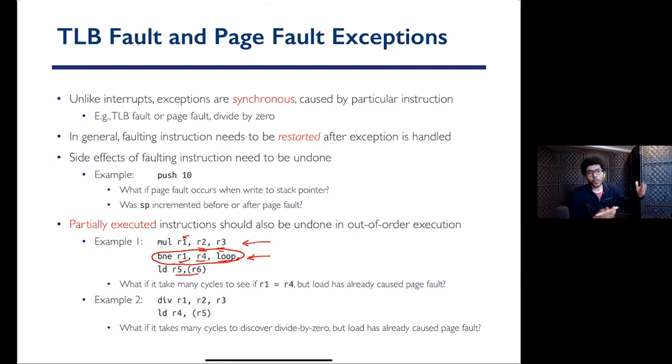I can't go and execute the next instruction, because either I'm going to jump to loop or I'm going to continue. So where I go depends on what R1 is going to be, and R1 is going to take time to have its final result.